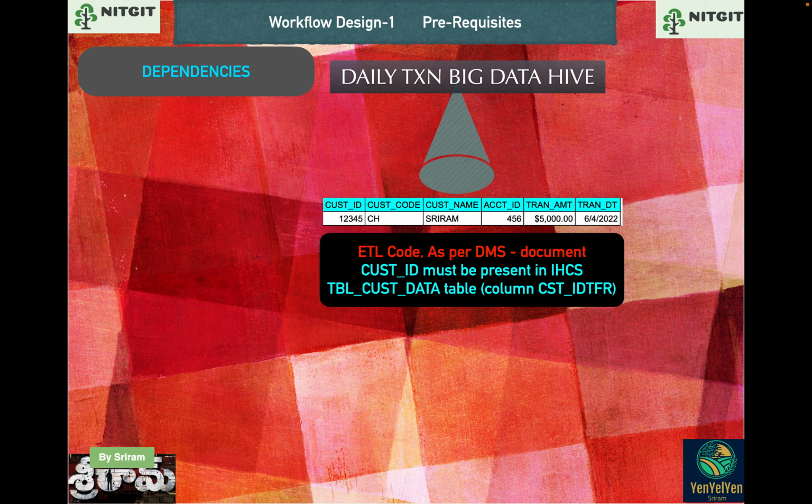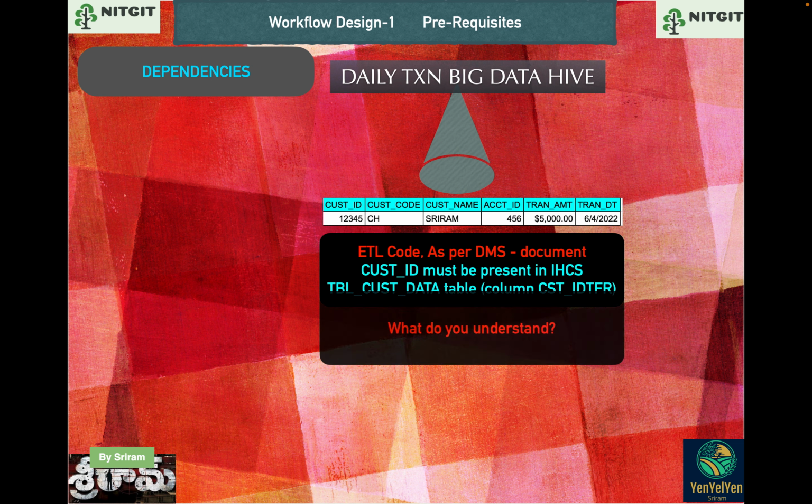The source system might be using customer ID, whereas our system might be using customer identifier. Here the data mapping specification clearly says you have to look up the IHCS database table and find out whether this customer ID 12345 is present or not. If it is present, then it is a successful transaction and you put it into our tables. If it is not, then it's an error, a domain lookup error.